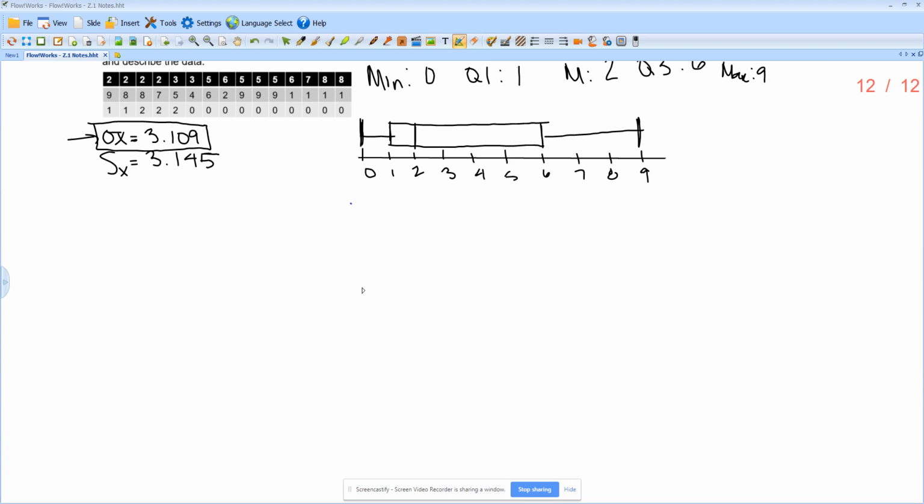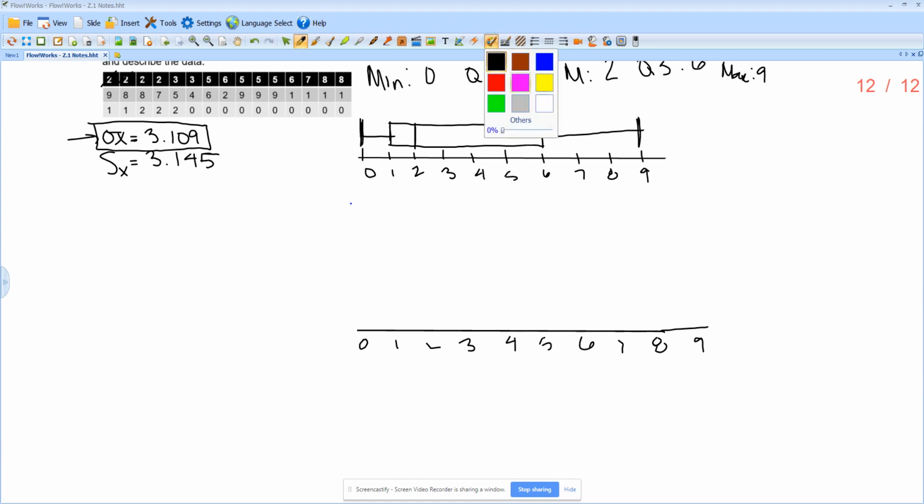Next, I'll do the dot plot. So I have 0, 1, 2, 3, 4, 5, 6, 7, 8, and 9. I'll use X's in this case because I was having trouble with circles. So I'm going to change that color. I have 4 2s.